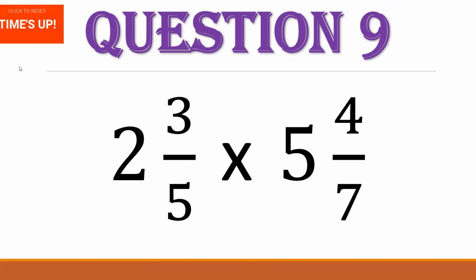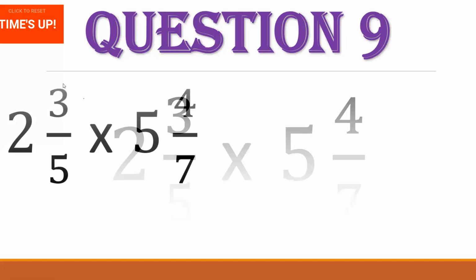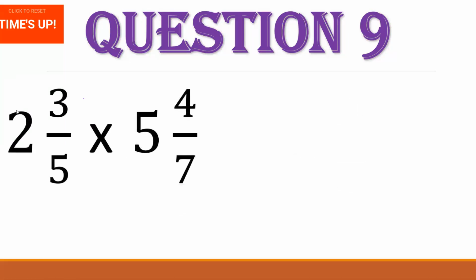First of all, for this kind of question, we can just separate them first. How we are going to separate, just like the other questions, 2 and 5 together. Let's say 2 times 5 and 3 times 4.